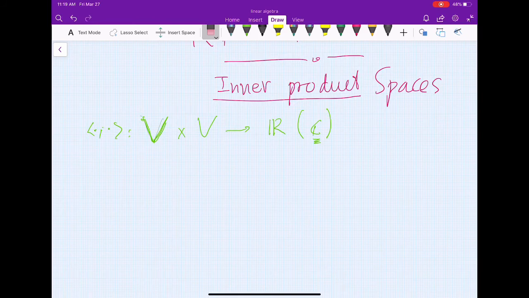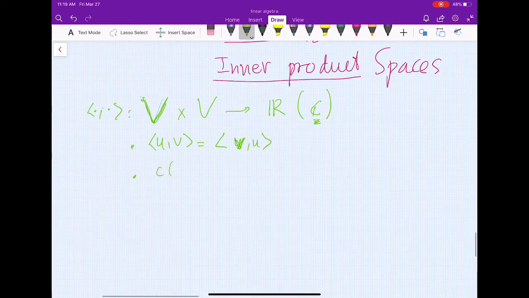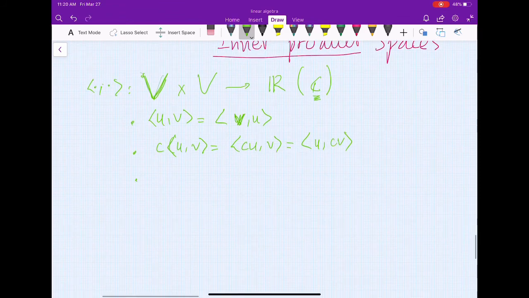If you have the inner product of U and V, that is also the inner product of V and U. When you multiply with some scalar, that is c times the inner product of U and V, and at the same time that is the inner product of U and cV. And the last property is that the inner product of U and U is always greater than or equal to 0. Equality happens if and only if U is equal to 0. So these are the three properties for a map to be an inner product in V.